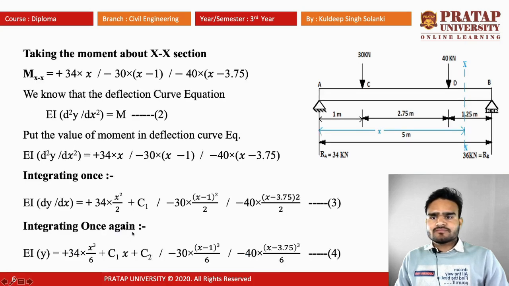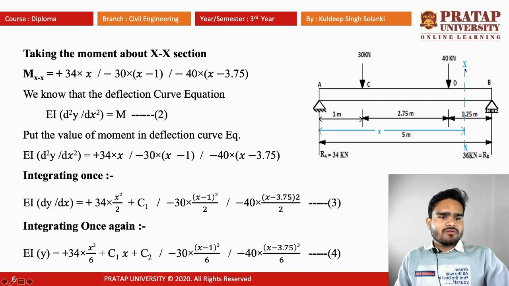Now next is taking the moment about the x-axis section. According to our first rule, we have considered the x-axis section where all the forces are covered. So both forces, 30 kilonewton and 40 kilonewton, are covered in this section.